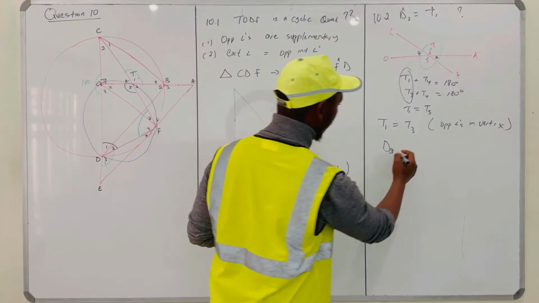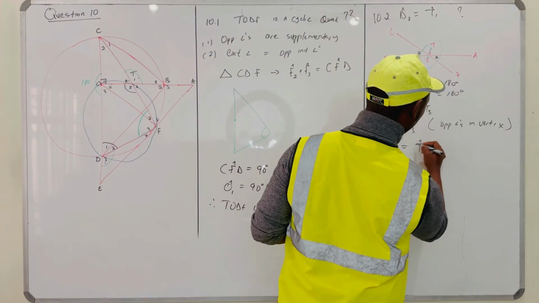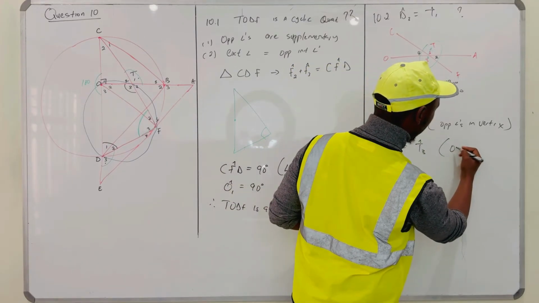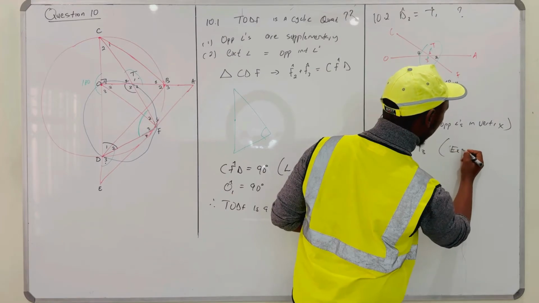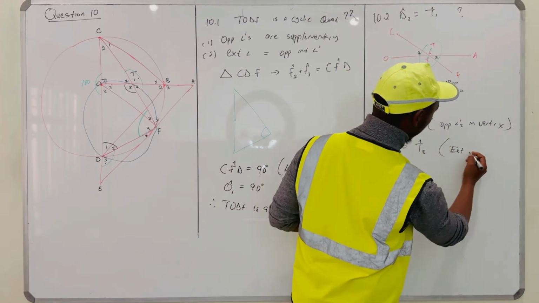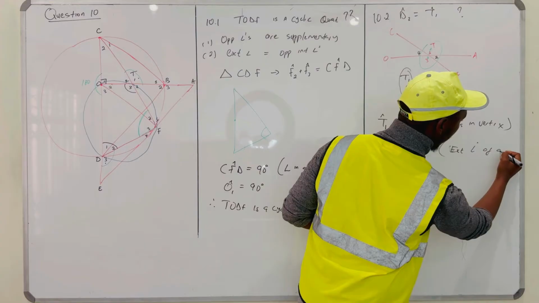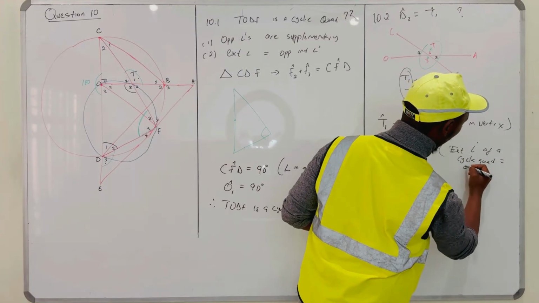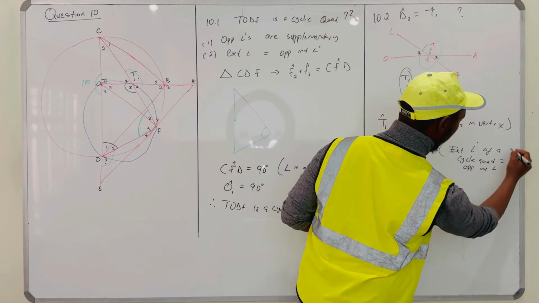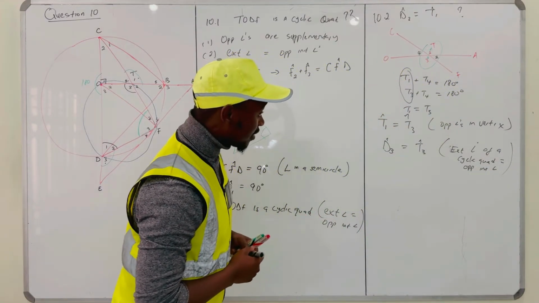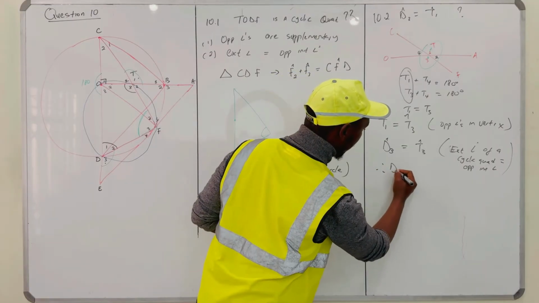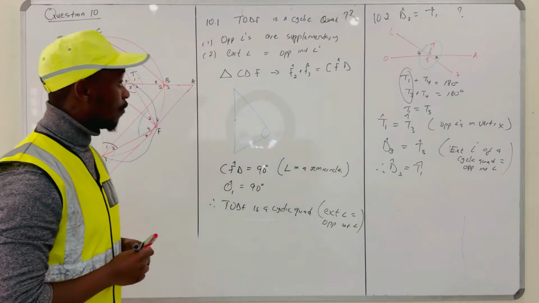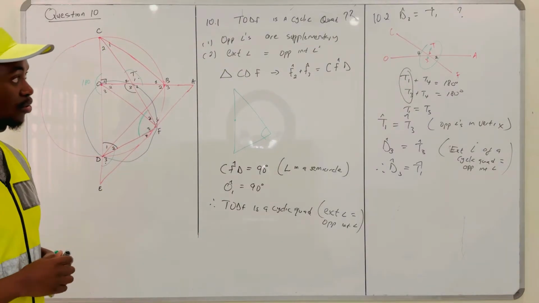Then we can say D3 is also equal to angle T3, and the reason is exterior angle of a cyclic quad is equal to opposite interior angle. All right. If that is the case, therefore we can conclude that D3 is indeed equal to the angle T1. So we have proven that D3 is indeed equal to the angle T1.